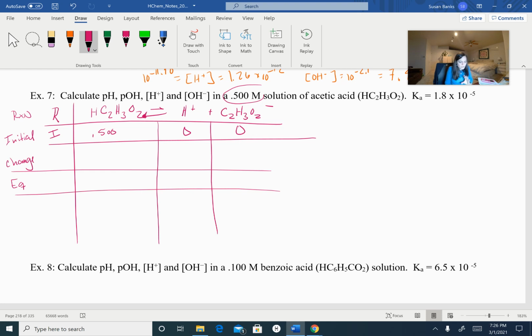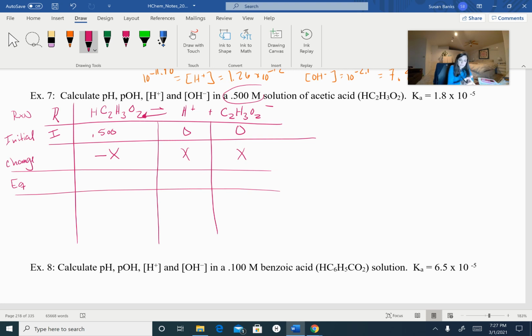Okay? So if we actually are going to achieve equilibrium, we've got to create some hydrogen and we've got to create some acetate ion. So for every acetic acid that gets ionized, this is going to go down. For every one of the acetic acids that gets ionized, I make 1 hydrogen and I make 1 acetate. Do you guys agree?